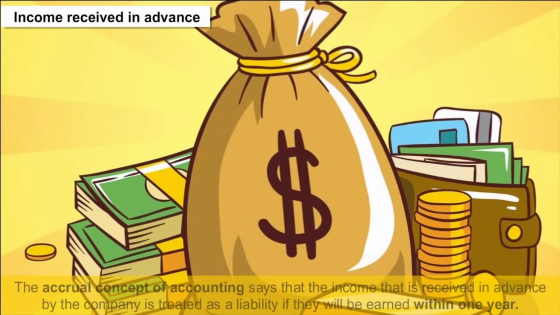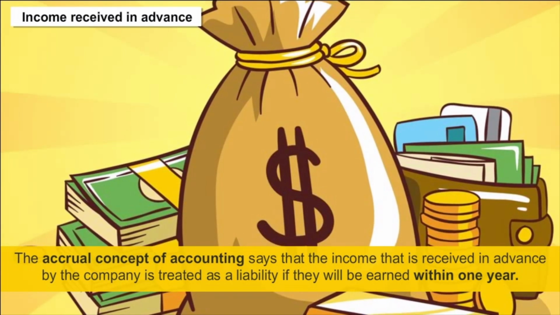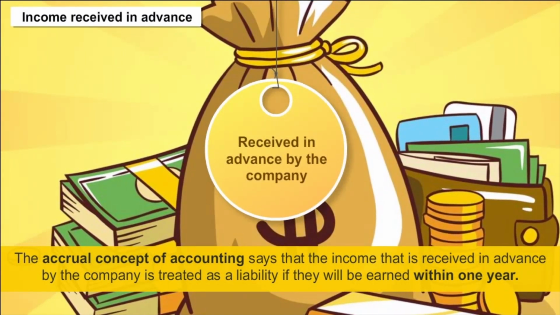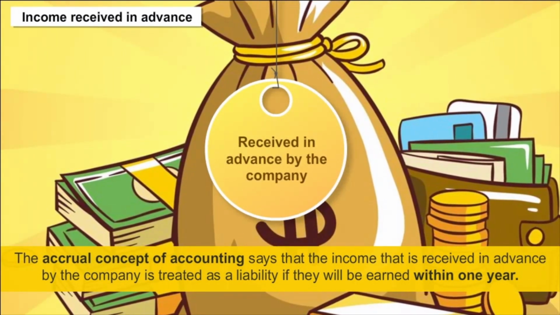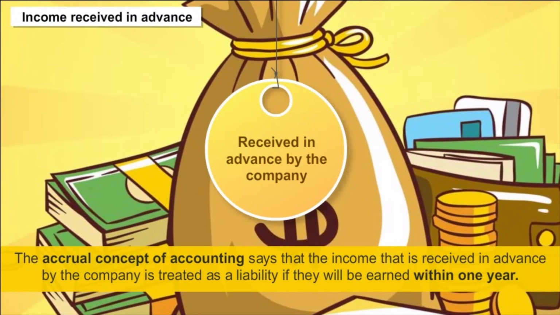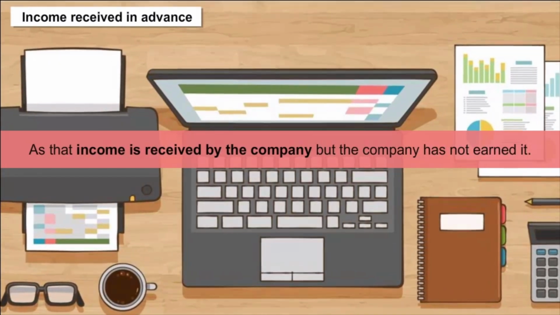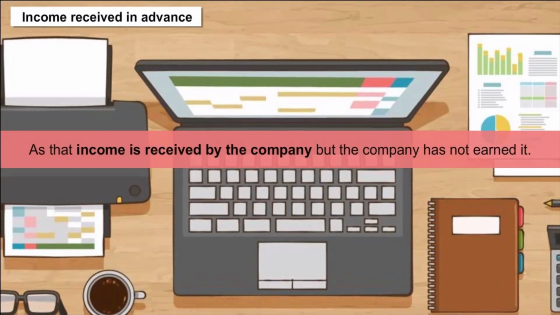Income received in advance. The accrual concept of accounting says that the income that is received in advance by the company is treated as a liability if it will be earned within 1 year, as that income is received by the company, but the company has not earned it.